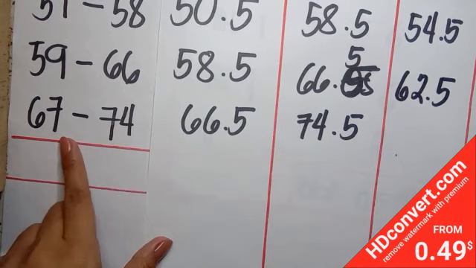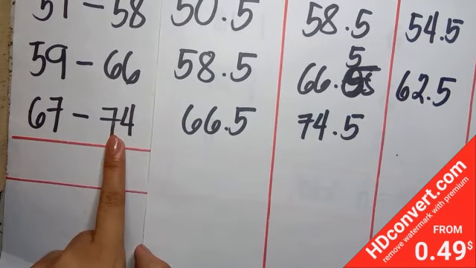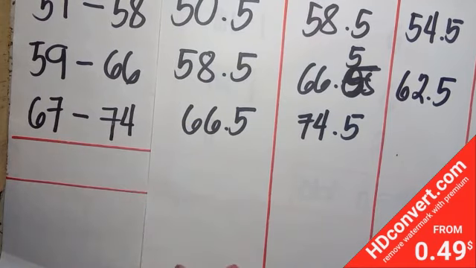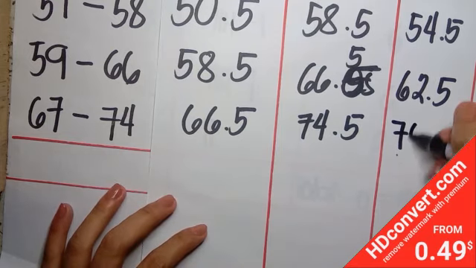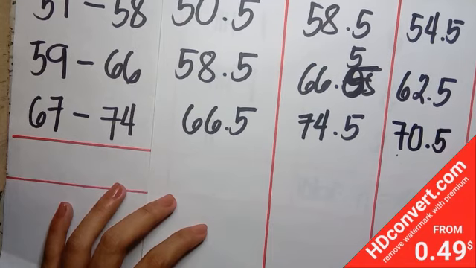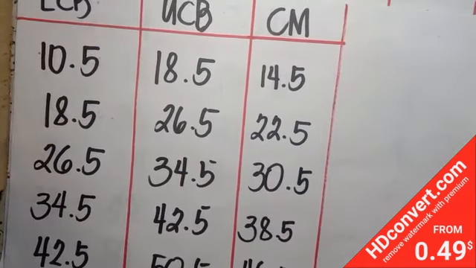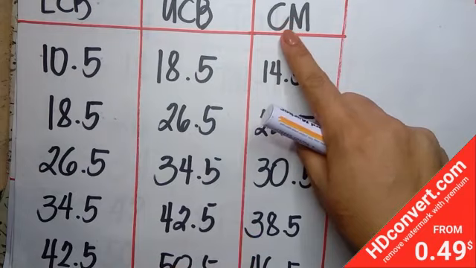Last, 67 plus 74 divided by 2, 70.5. That's all for class mark.